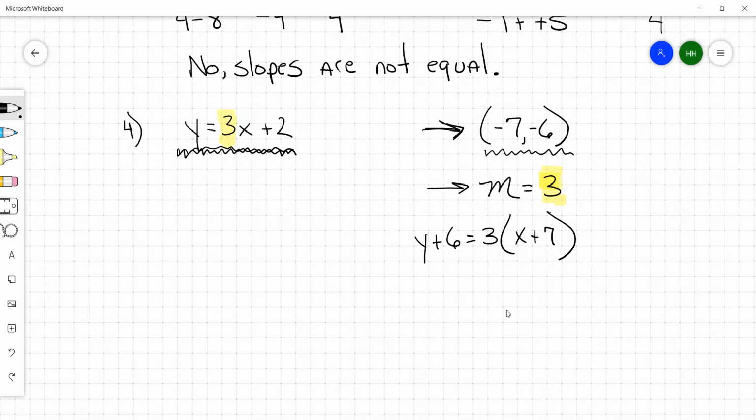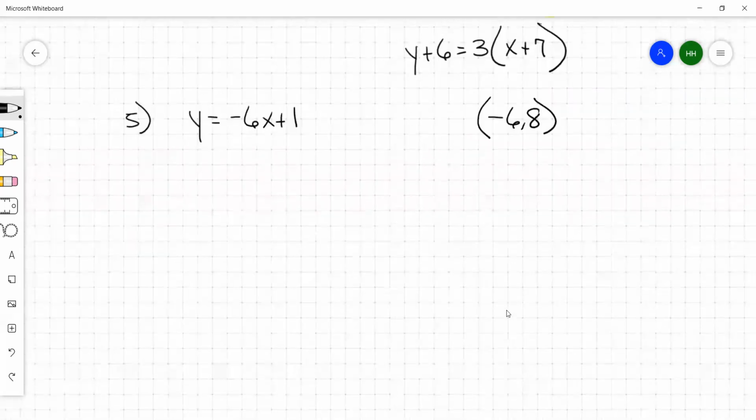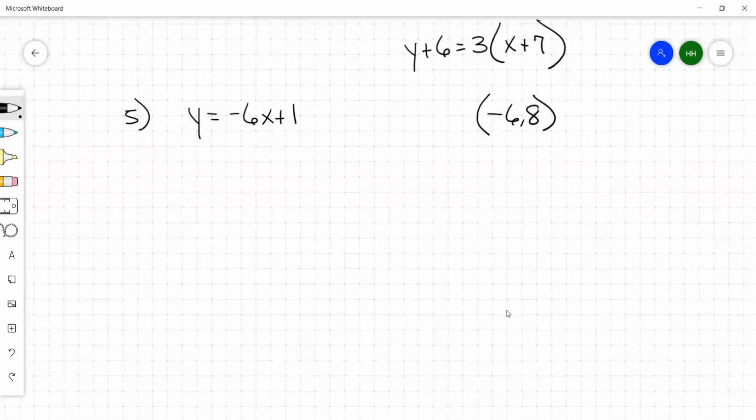Now, the next question, number 5, is the same, but they just give you a different point. So let's just do it for practice. Number 5 is going to be parallel to y equals negative 6x plus 1. It's got to go through the point (-6, 8). We need it in point slope form.